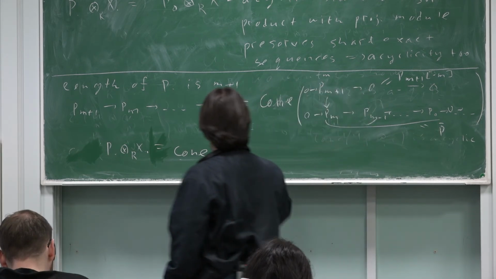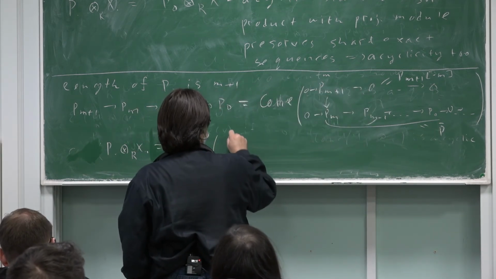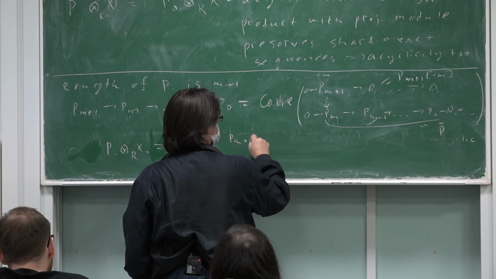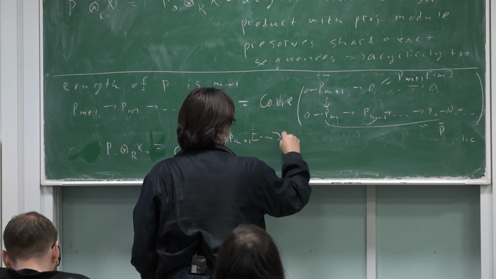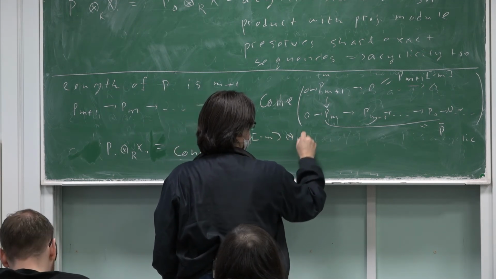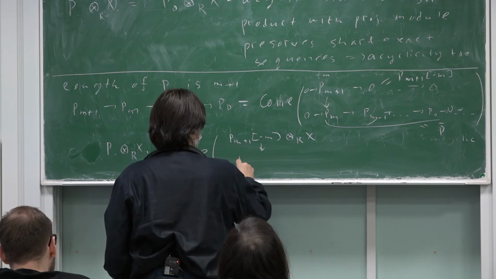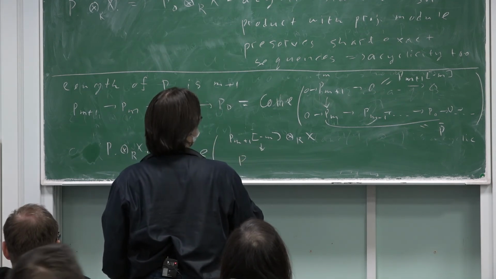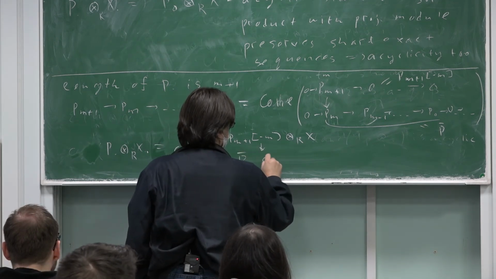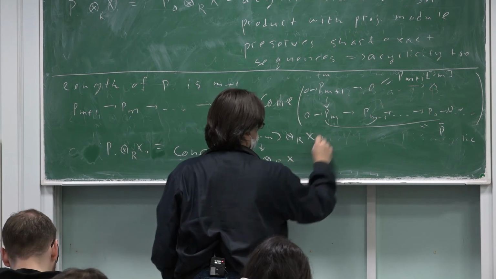So it's the cone of some map from P m plus 1 shifted by minus m tensor X to P bar tensor X.